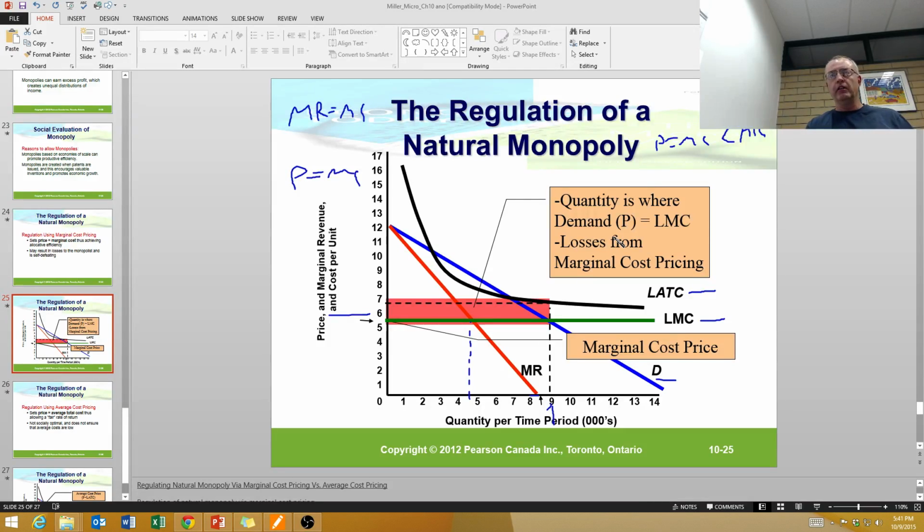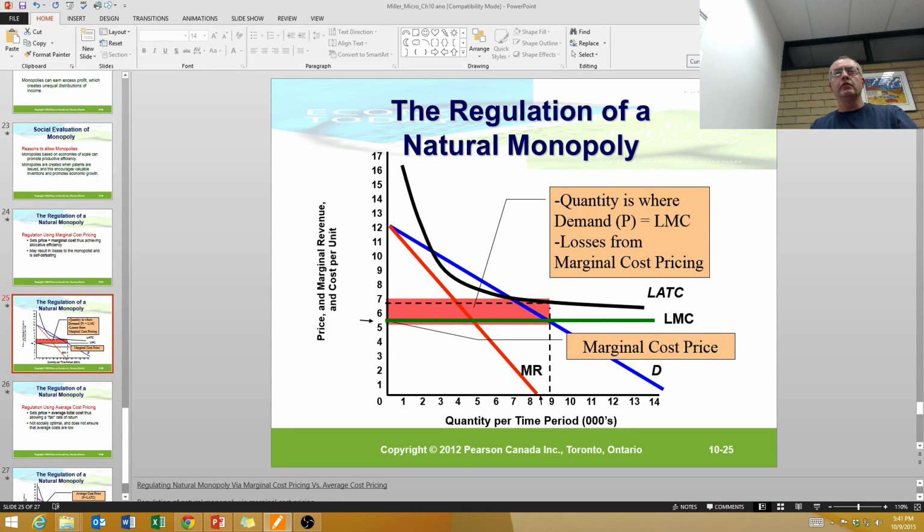And if you lose money, you're not going to be in business in the long run. So this is a drawback of using marginal cost pricing, in that it could force a monopolist to lose money, and they're not going to tolerate that for very long.